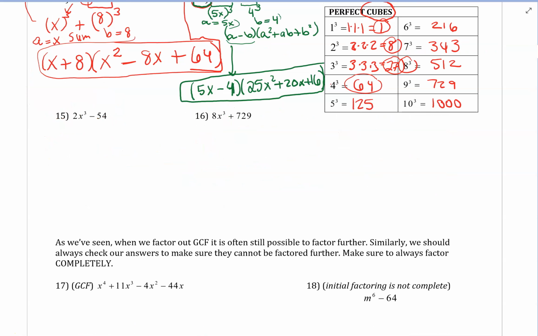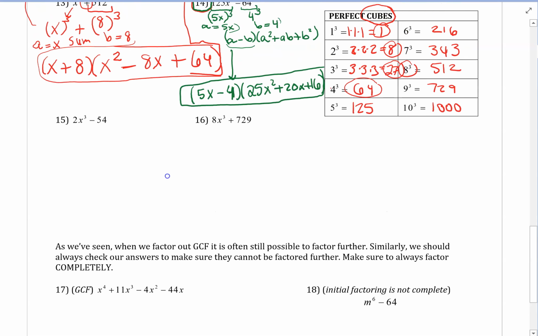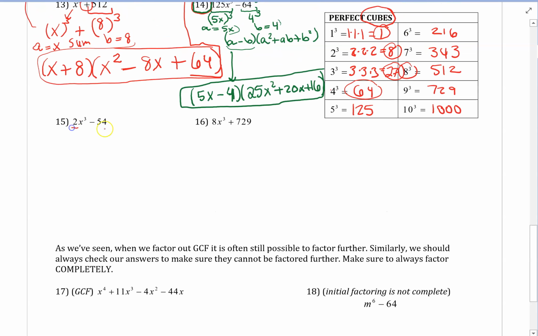Now in number 15, you might be thinking, well, 2 is not a perfect cube and neither is 54, and you'd be right. But I wonder if you would notice that they each have a common factor of 2. So we have a GCF in this case of 2, and I need to factor that out first. So I'm going to take out my GCF.